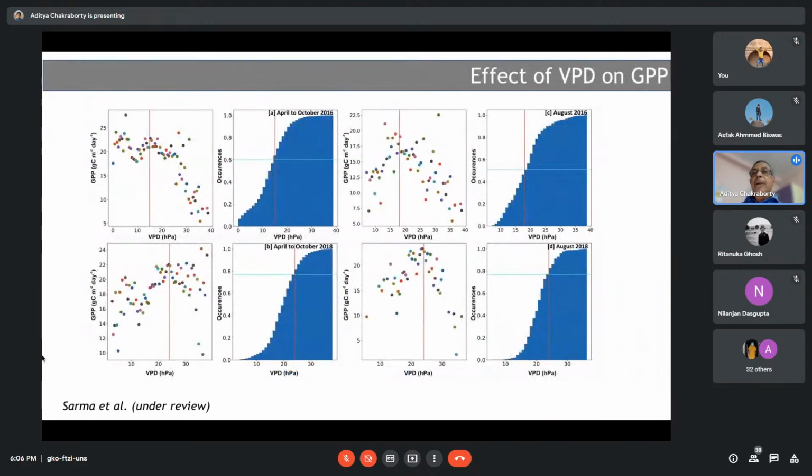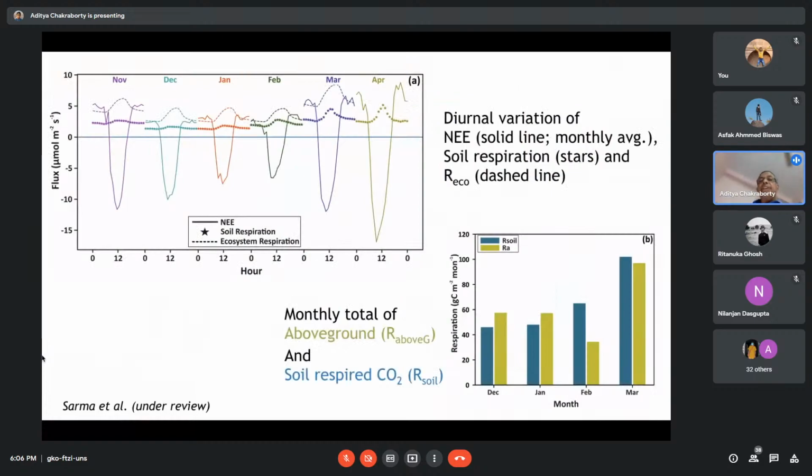Before coming to VPD, I'd like to tell you one more thing: why soil respired CO2 is so high. One of the reasons could be that the Brahmaputra river flows across these ecosystems, and every monsoon it carries a huge amount of sediment, which contains a huge amount of organic matter.